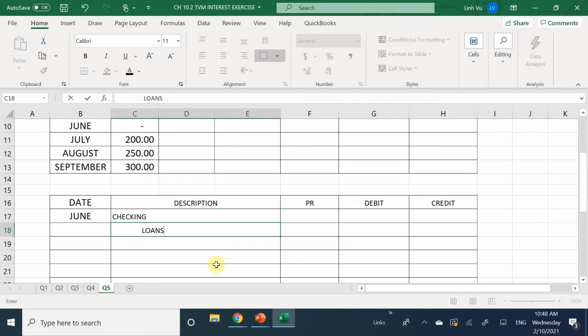Now, question to you: are we also going to accrue interest? I mean, are we also going to journalize interest? Yes. Why? It's included in the transaction.